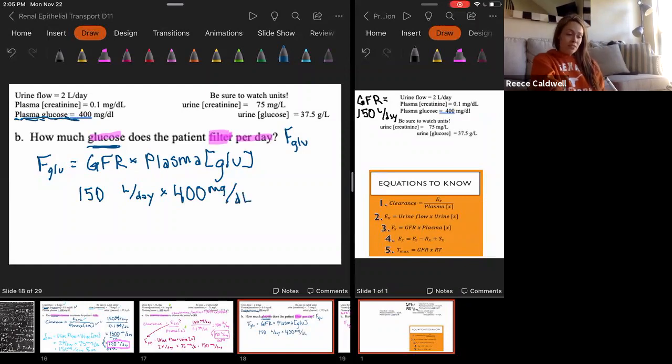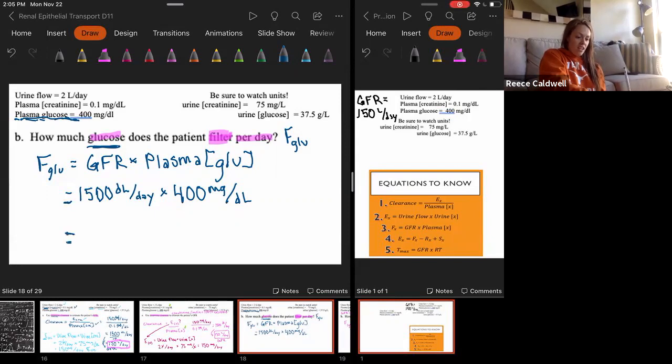We want our units to match up, so we're not going to use that 150. We're going to use the 1,500 deciliters per day. Make sure you're using the correct units or they will not cancel out. You could do 1,500 times 400, and I would use this method.